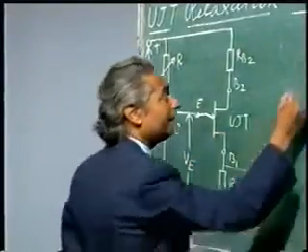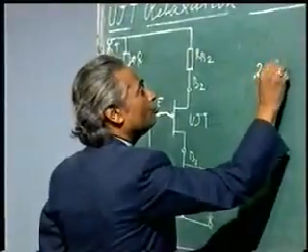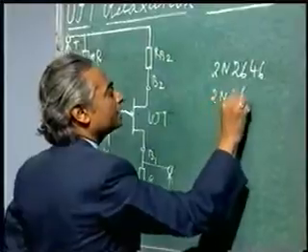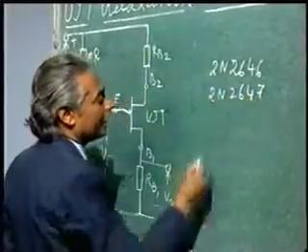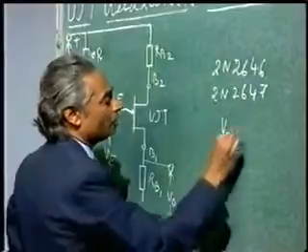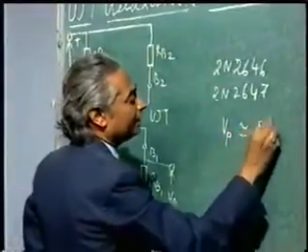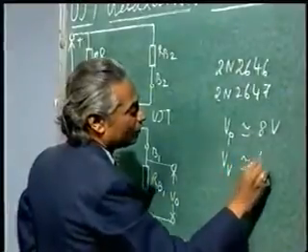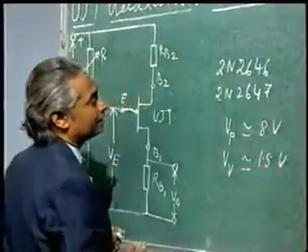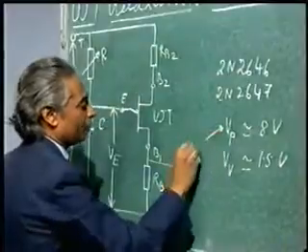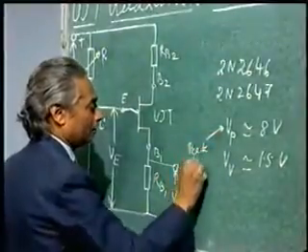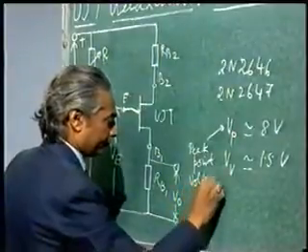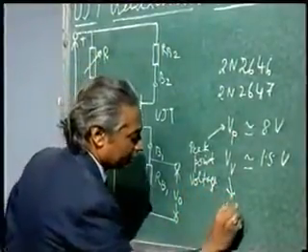And you remember that in case of 2N2646 or 2N2647, we had Vp, the peak point voltage, approximately 8 volt, and valley voltage Vv approximately 1.5 volt. This is the peak point voltage, and this is the valley voltage.